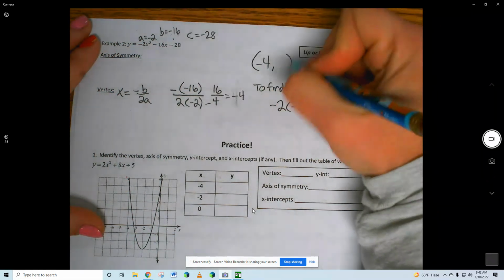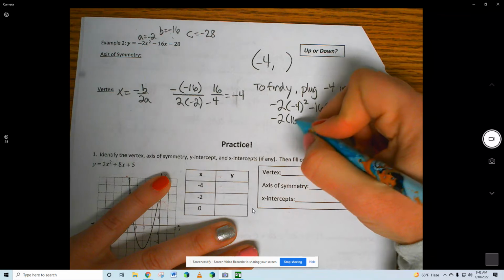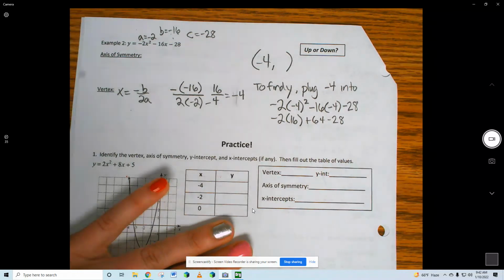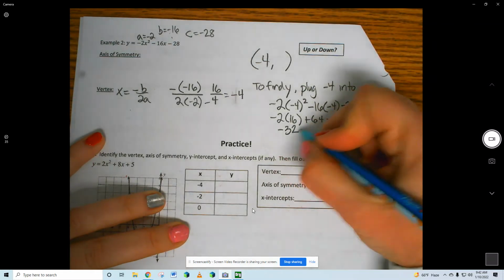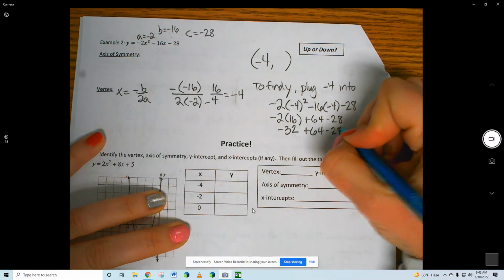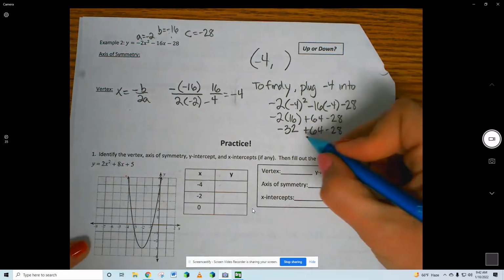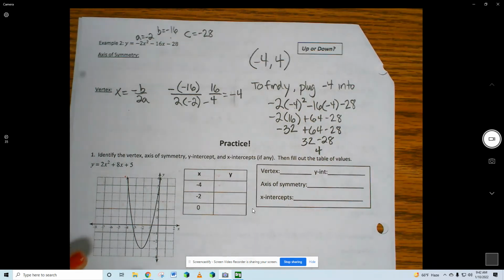Negative 4, comma, I don't know. Negative 2 times 16 is negative 32, plus 64 minus 28. Positive 32 minus 28 is 4. Negative 4, comma 4 is my vertex.